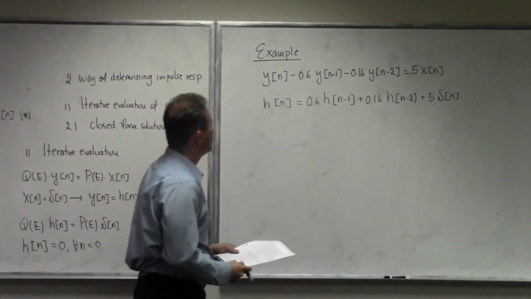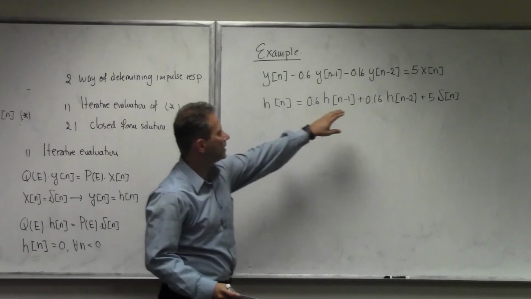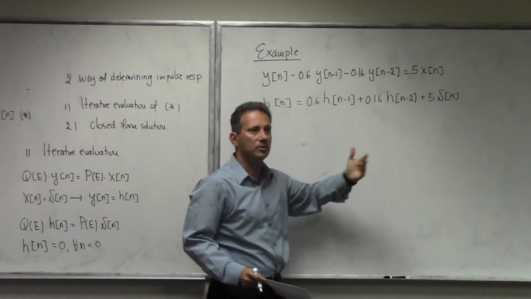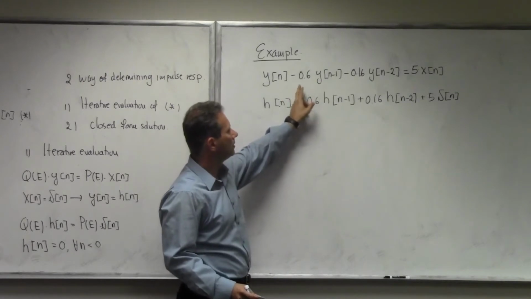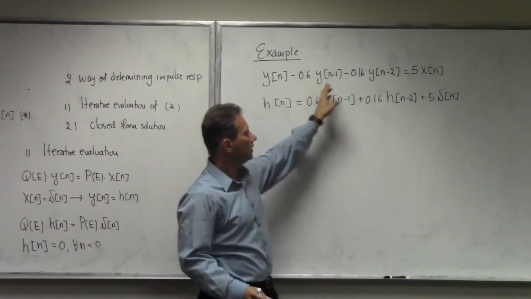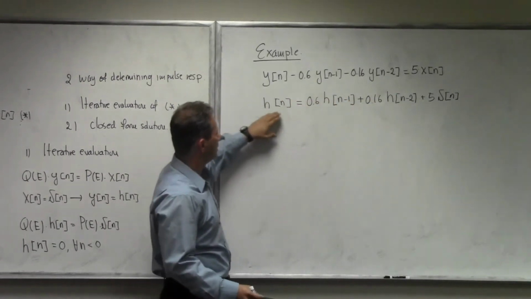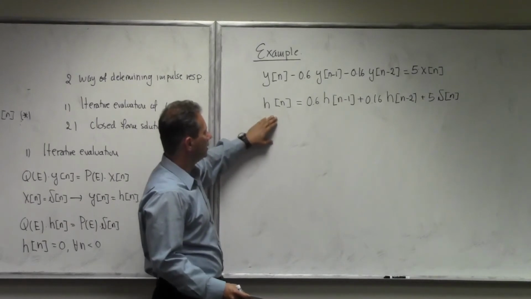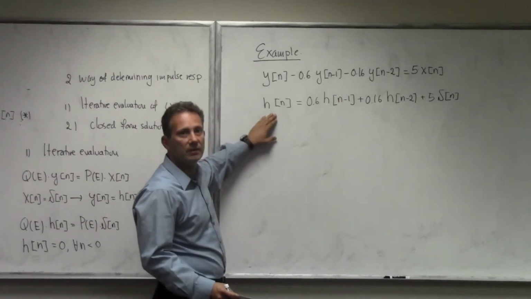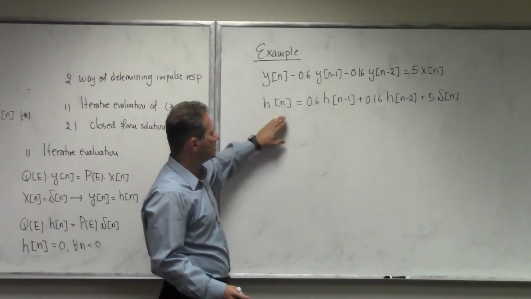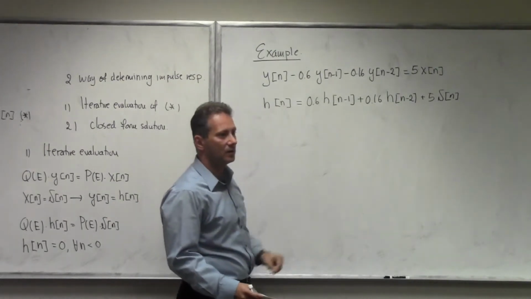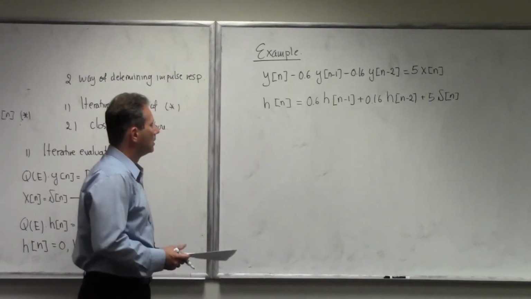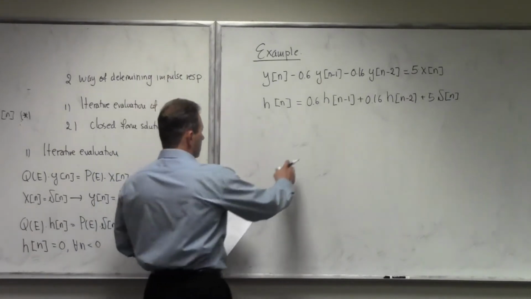That's the same equation just rewritten. Instead of x[n], I have delta[n] because my input is now delta. And I'm moving the terms for y on the left-hand side to the right-hand side so that I get the value of the impulse response at the given sample n as a function of the input and the previous values of the impulse response.